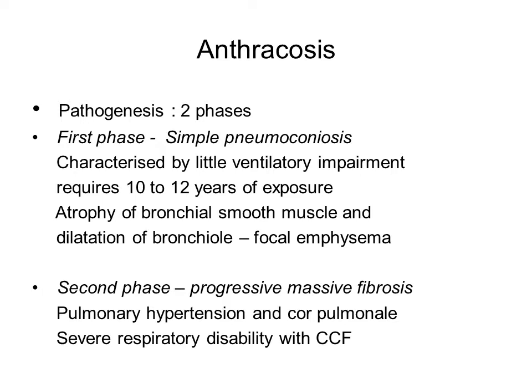There is atrophy of the bronchial smooth muscle and dilatation of the bronchiole resulting in focal emphysematous changes. And in the second phase, which is progressive massive fibrosis, which occurs much later after the resolution of the first phase, there occurs pulmonary hypertension and right heart failure, that is cor pulmonale, as well as severe respiratory disability along with congestive cardiac failure.